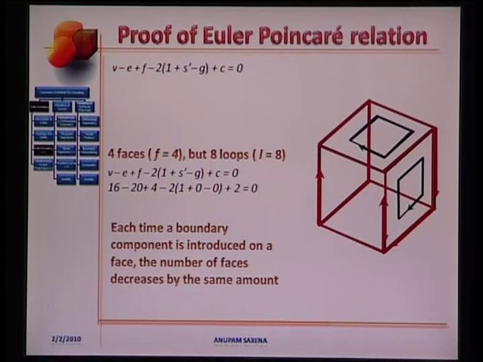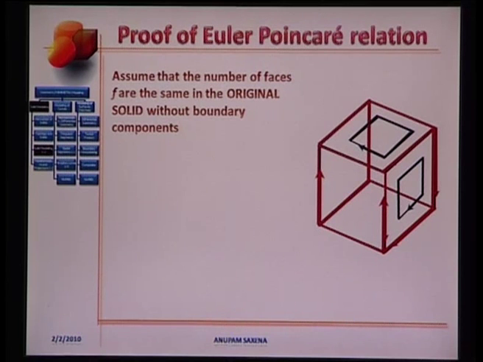We can use this observation in this manner. We first assume that the number of faces F in the Euler Poincaré relation are the same in the original solid without boundary components. So we assume that the original solid is a perfectly valid polyhedral solid which does not have any boundary.